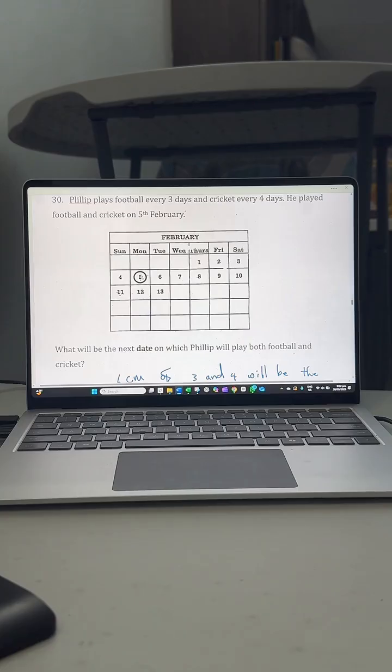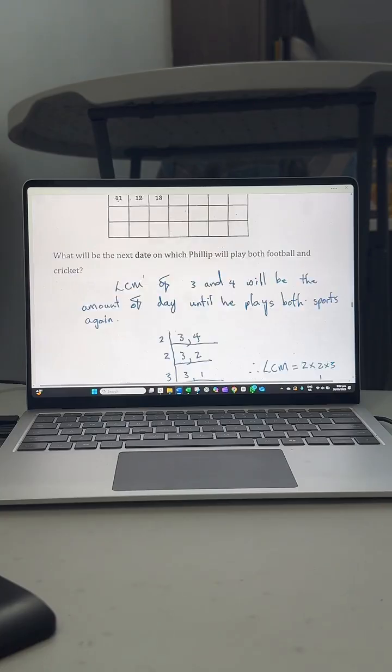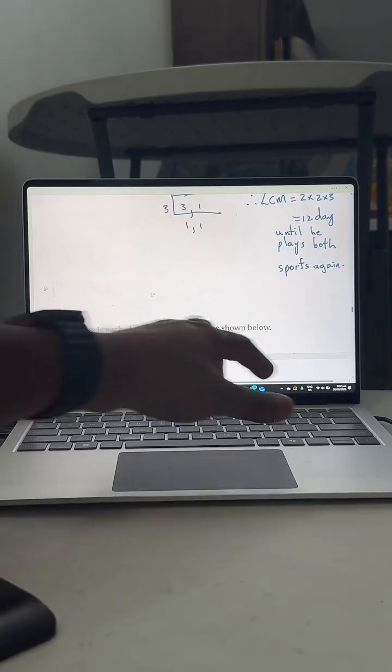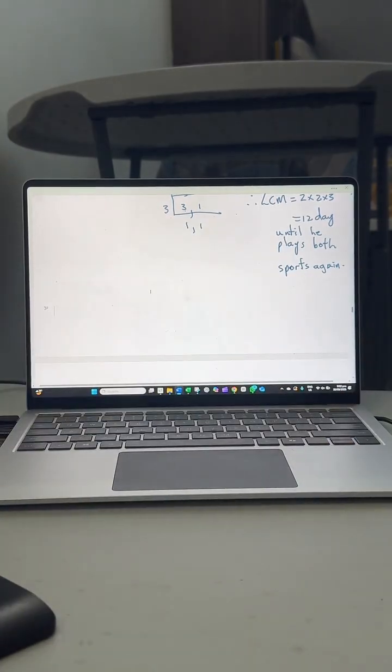So it will simply be 5 plus 12, which is 17. So he plays both sports on 5 plus the 12 days, which will be the 17th.